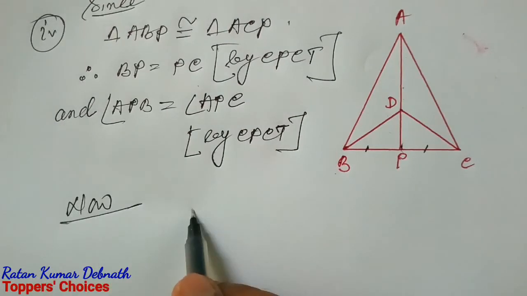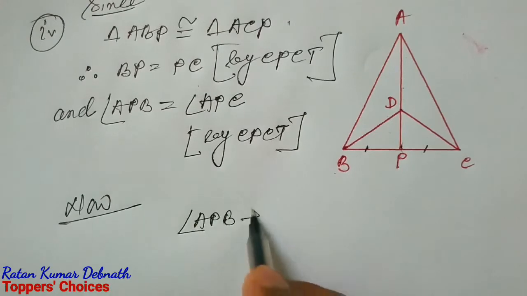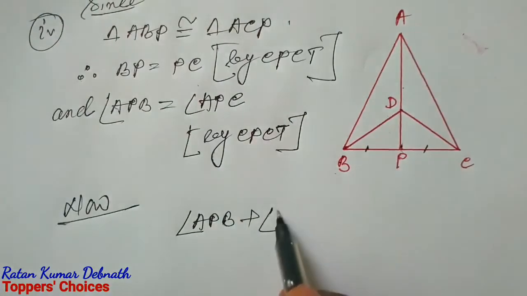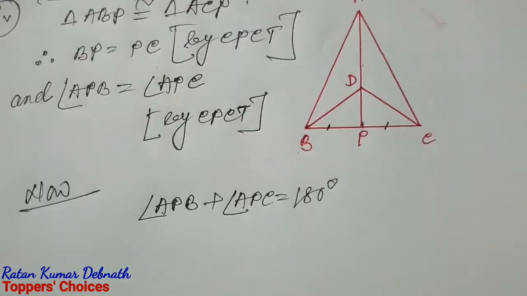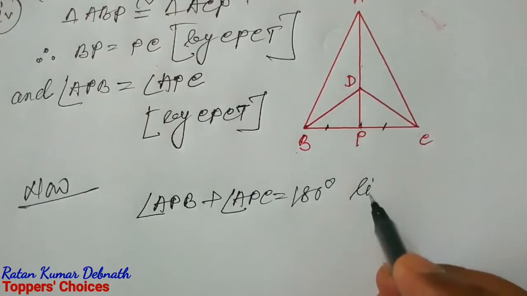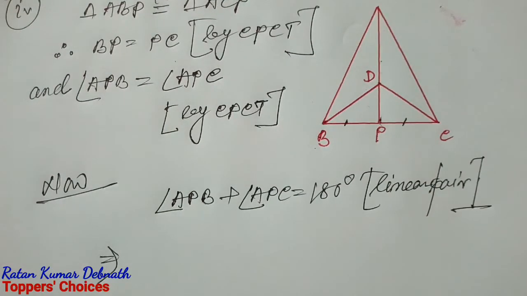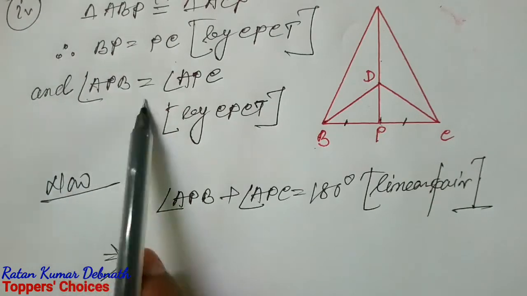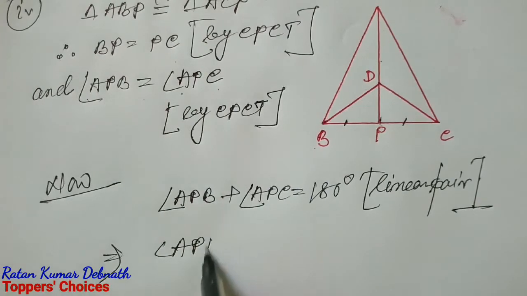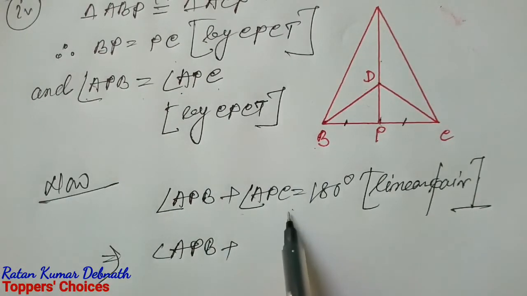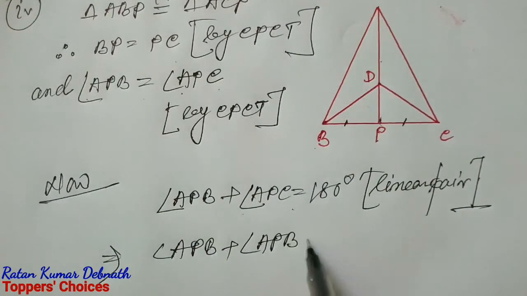Now, angle APB plus angle APC equals 180 degrees because they are a linear pair, and we already have APB equals APC. So instead of APC I can put APB.